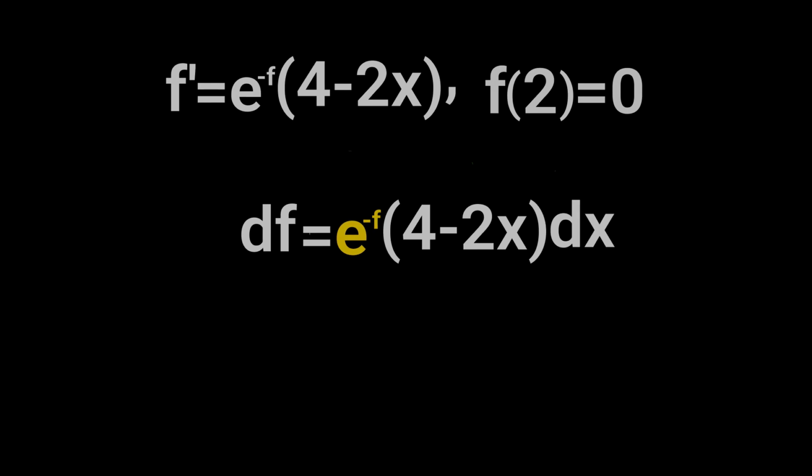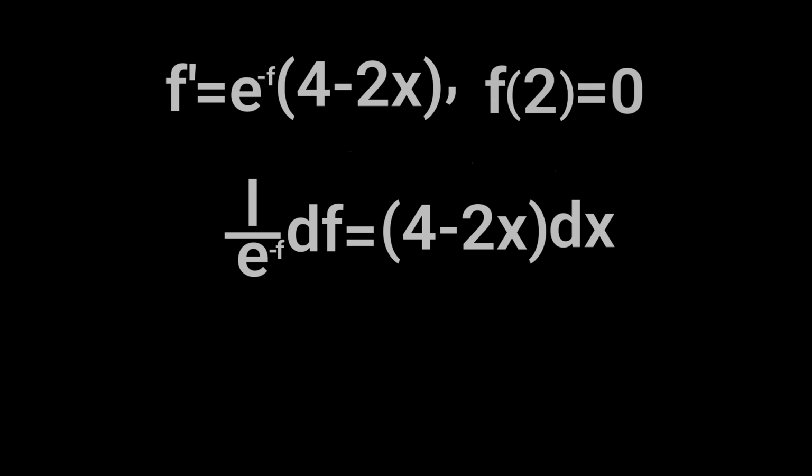In order to do that, we've got to divide both sides by e to the negative f. Then from the right side, e to the negative f and 1 over e to the negative f cancel each other out. And then we have 1 over e to the negative f df equals 4 minus 2x dx.